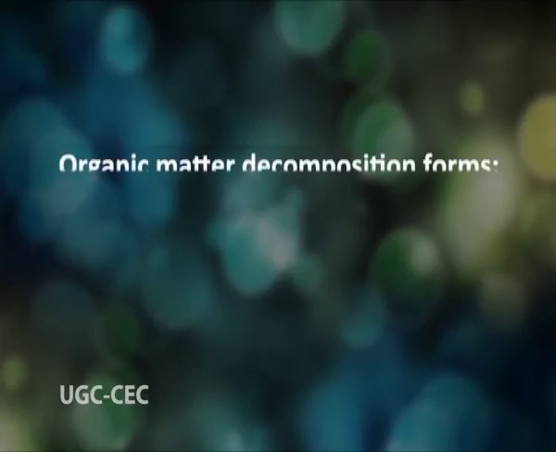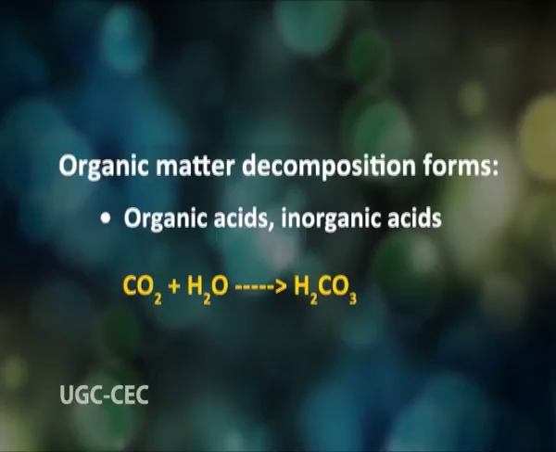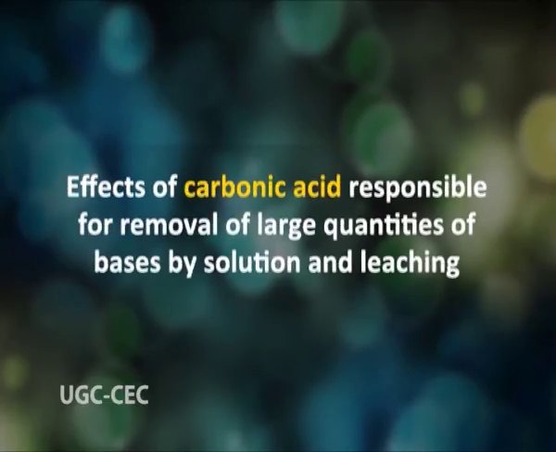In the process of organic matter decomposition, both organic and inorganic acids are formed. The most widely formed is carbonic acid, which results from the reaction of water and carbon dioxide. The solvent action of carbonic acid is evident by its dissolution of limestone or calcium carbonate. The long-time effects of this acid have been responsible for the removal of large quantities of bases by solution and leaching.